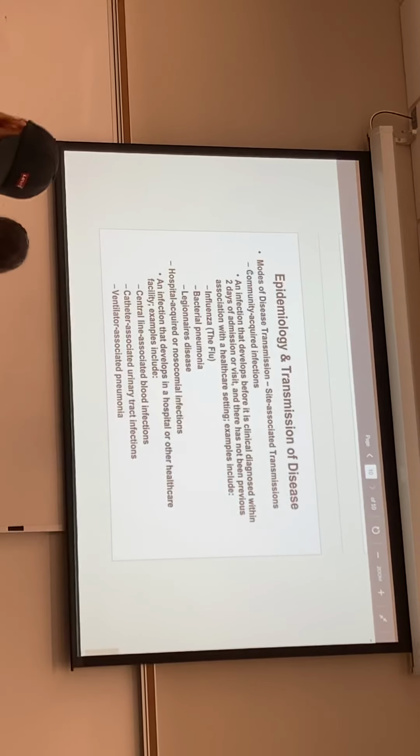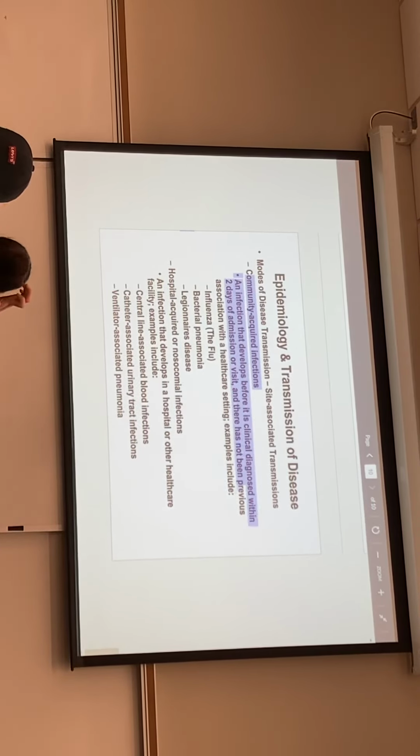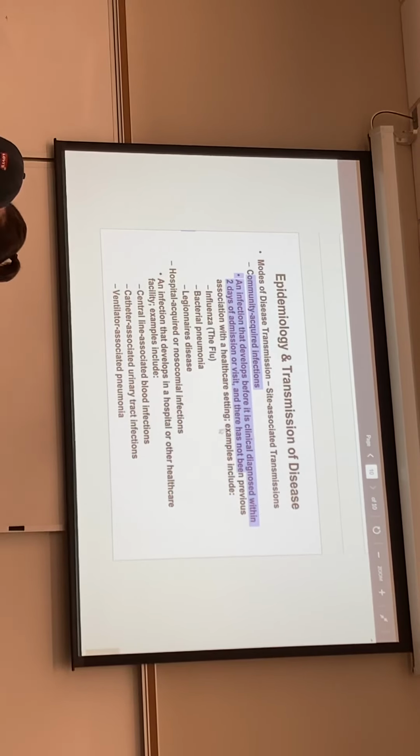And then the other thing was community-acquired versus hospital-acquired infections. So just review those. Make sure you know the definitions related to how it develops. If you get it after being admitted to the hospital, then it's a hospital-acquired infection; otherwise it's a community-acquired infection.